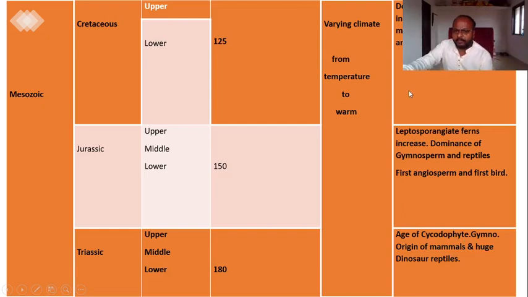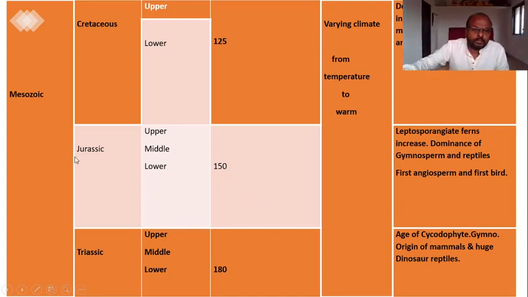Here the climate varies from temperate to warm, and at this time there was an age of cycadophytes and gymnosperms, origin of mammals, and huge dinosaurs were present. Regarding plants, the gymnosperms originated in the Triassic period.